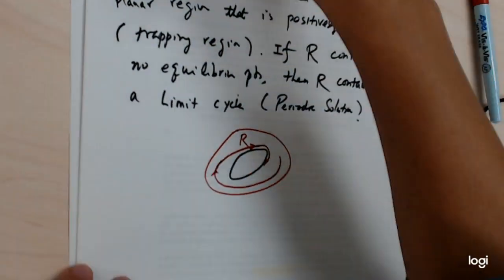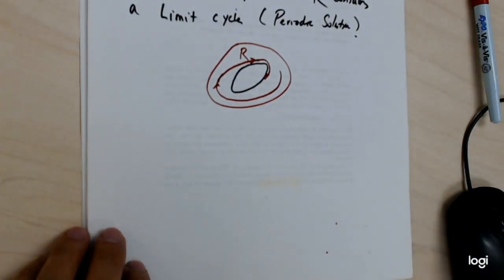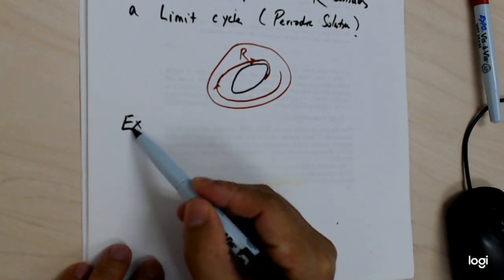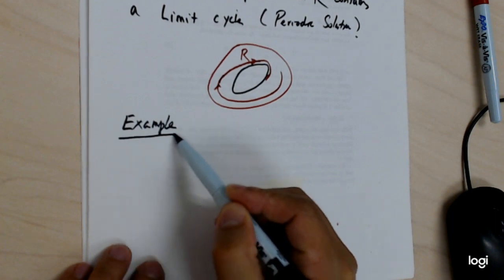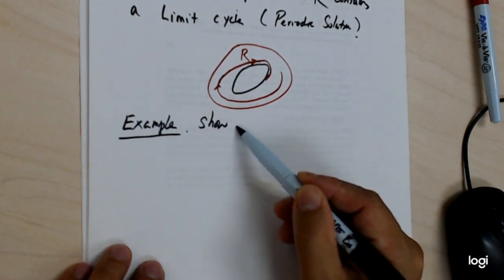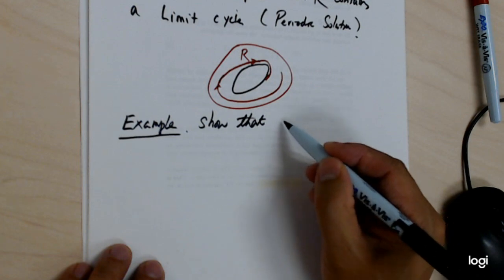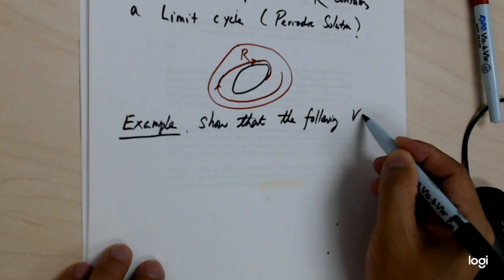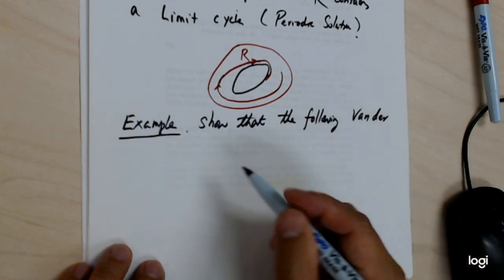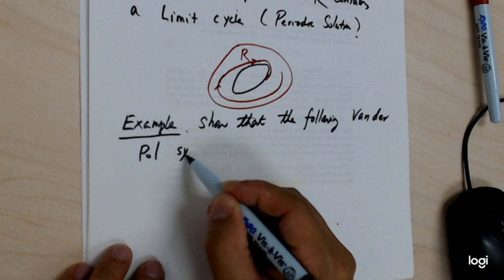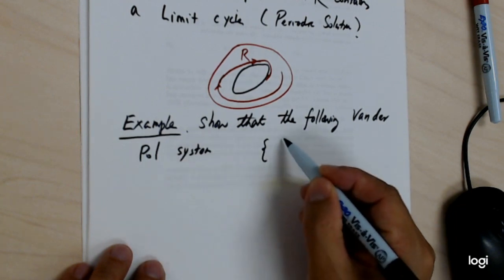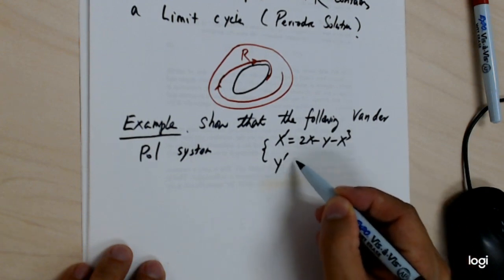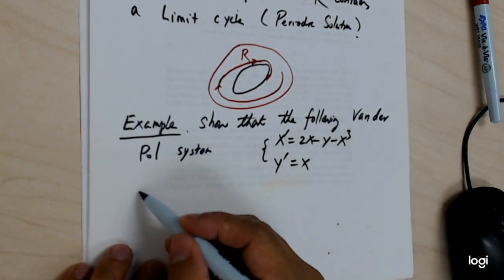So now we'll show you an example of how we apply this Poincare-Bendixson theorem. Let's show this van der Pol system has a closed orbit.